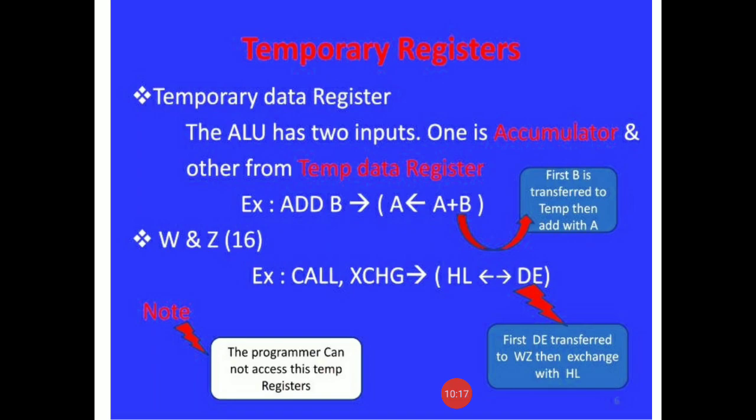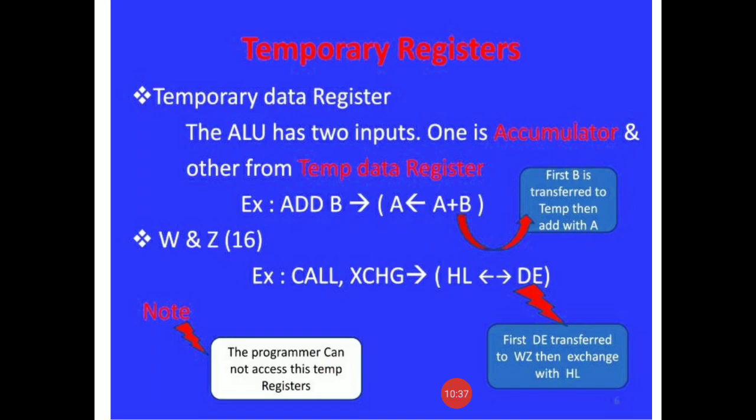For example, let me take an example of ADD B. ADD B is an instruction. The purpose of ADD B is that it will add the content of accumulator with the content of register B.